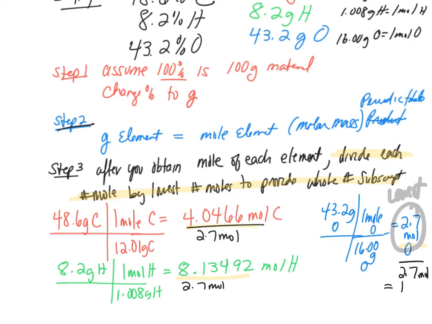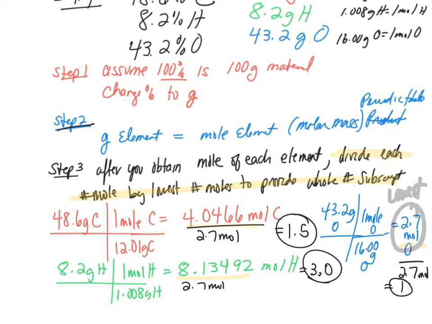And so when you do that, 4.0466 divided by 2.7, you get 1.5. Okay, this one, 8.13492 divided by 2.7, you get 3.0. And this 2.7 divided by 2.7 is 1.